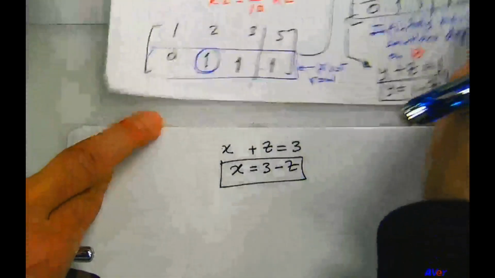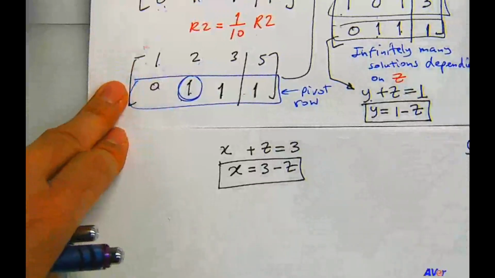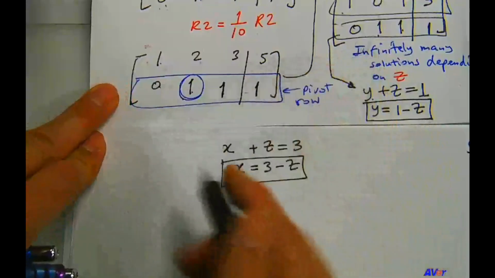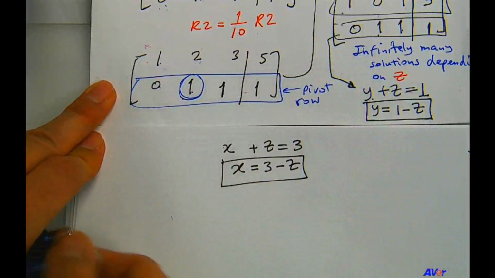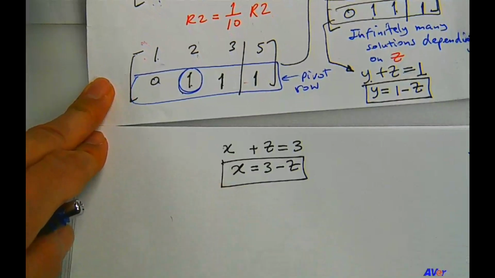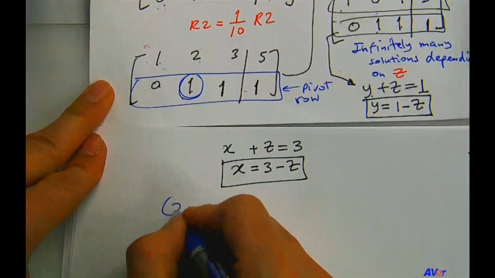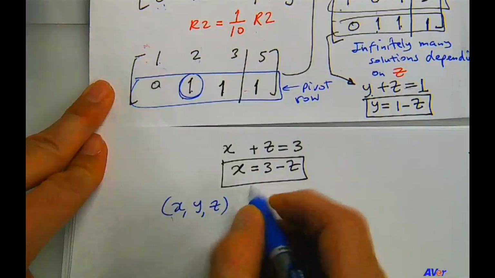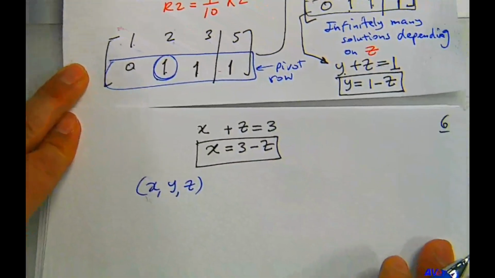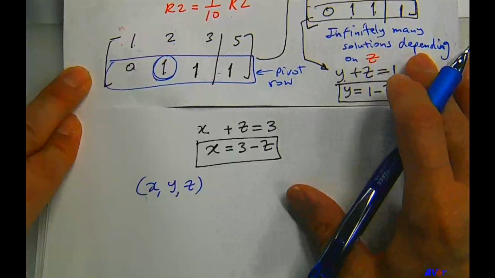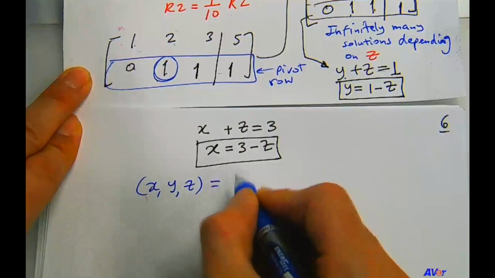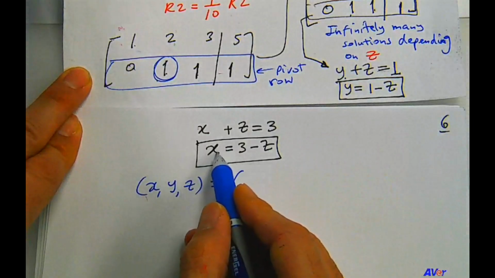Okay, so now what is the final solution going to look like? We were supposed to have some numbers, right, for x, y, z. But because this is a special case, instead we're going to have x like that.